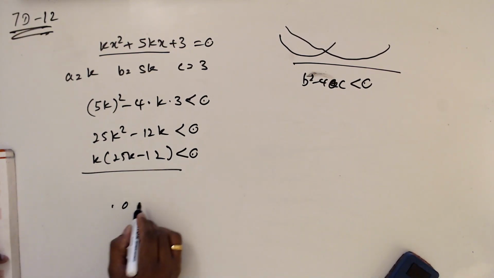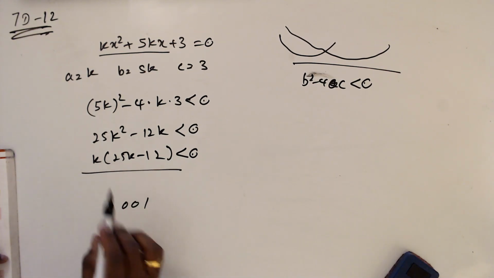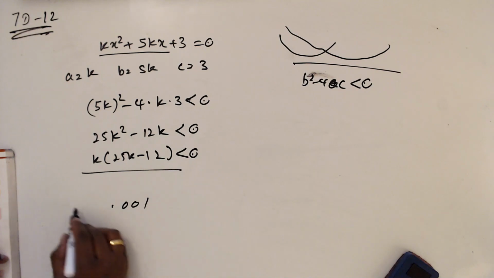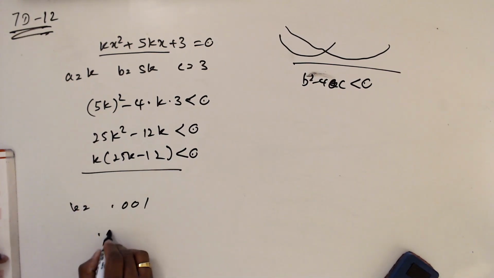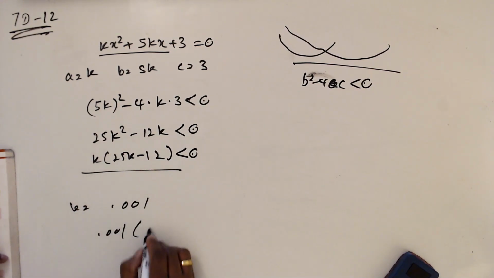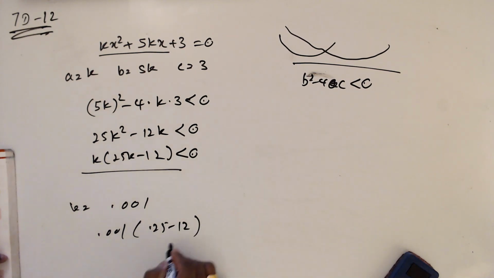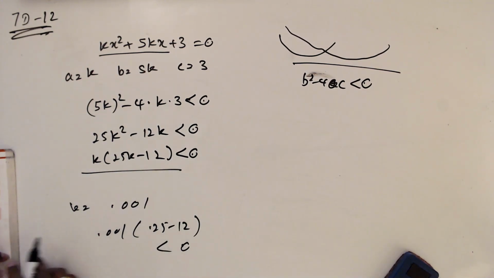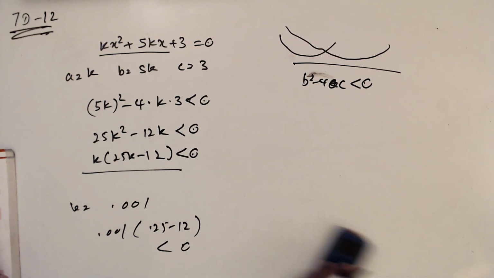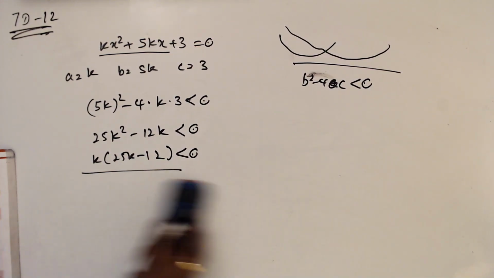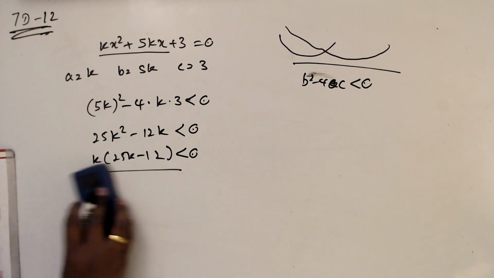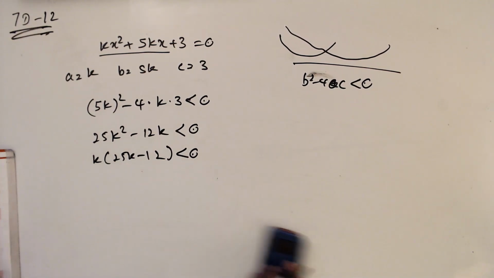If we put 0.001, I think it should work. K equals 0.001. This is going to be 0.025 minus 12. Yeah, this is going to be a negative number. Then how do you decide what is the area?